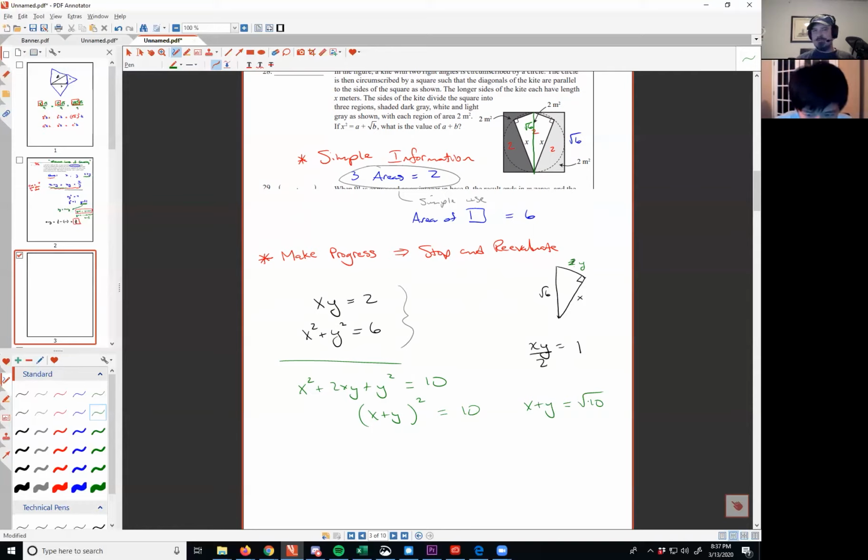Then I'm not sure where to go. We made x squared plus 2xy plus y squared, which turned out to be a useful expression that you're familiar with. You knew it was the square of a binomial. Is there any other useful, familiar expression that you can craft out of these two? Not really off the top of my head.